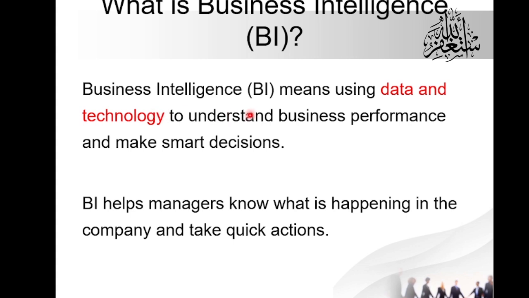We are using two things, data and technology, to understand business performance, and the result is better, smarter decisions. Business intelligence helps managers know what is happening in the company and take quick actions.